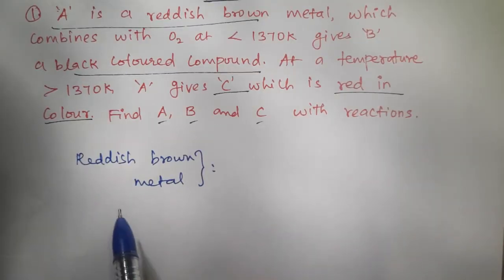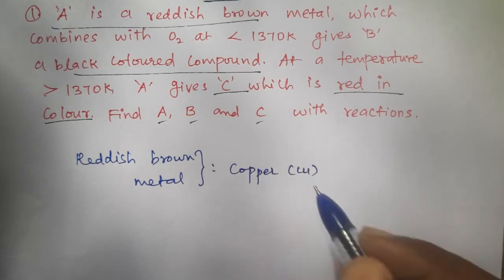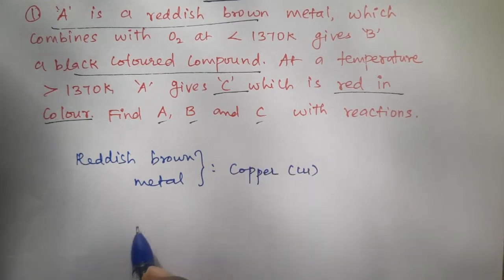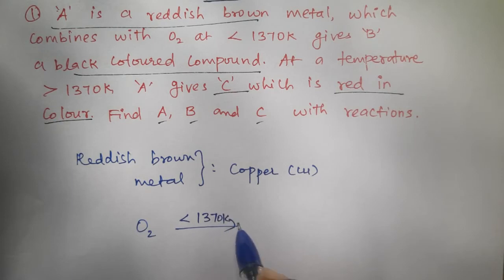Reddish brown metal is copper. Its symbol is Cu. It is going to react with oxygen at a temperature less than 1370 Kelvin, which gives a black color compound.